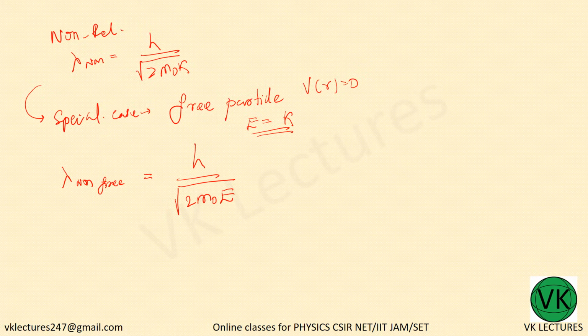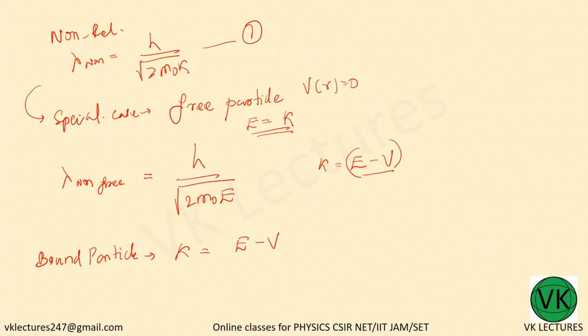Now for a bound particle, what is kinetic energy? Kinetic energy for a bound particle is nothing but total energy minus V. For a bound particle, kinetic energy is equal to total energy E minus V. So just substitute here in this first equation.